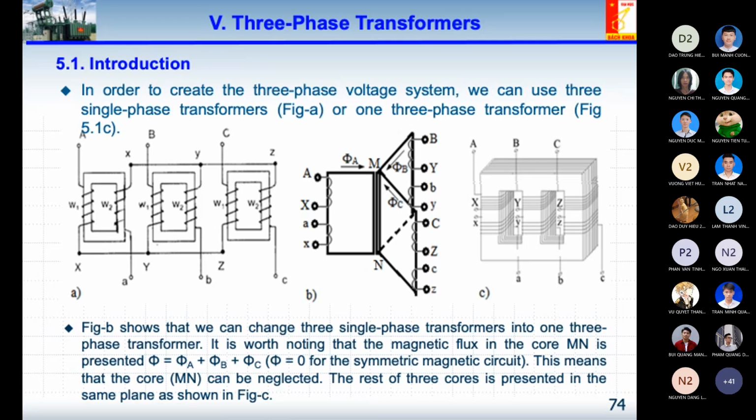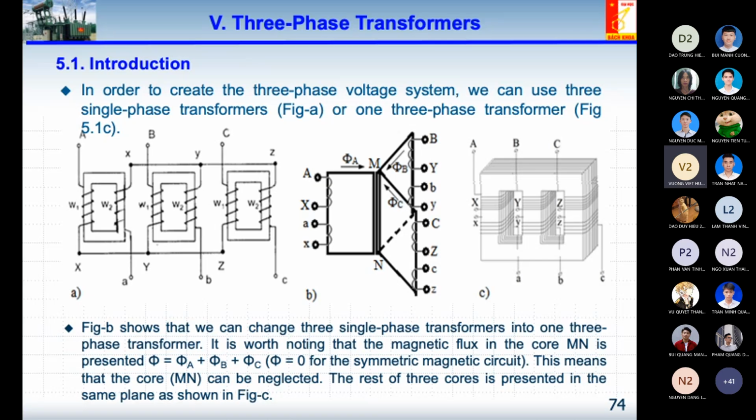Anything else? Yes, you are talking about the construction of the transformer, the difference between the single phase and the three phase transformer. For example, the single phase transformer consists of two windings, a low voltage winding and a high voltage winding, and the three phase transformer includes six windings, for example, like this.